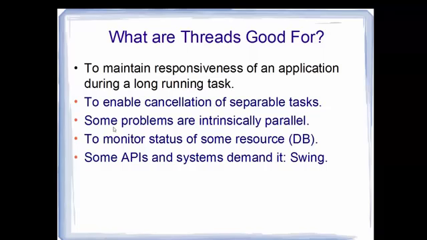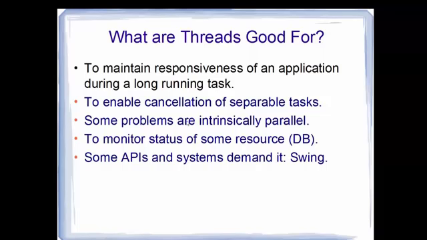Next, some problems are inherently parallel, so you cannot do anything about this. For example, I have given you the example of tabs, right? You want to run two videos in two different tabs of your browser, and both are running in parallel. So how will your browser handle this?